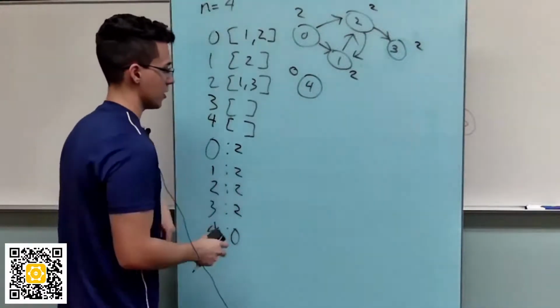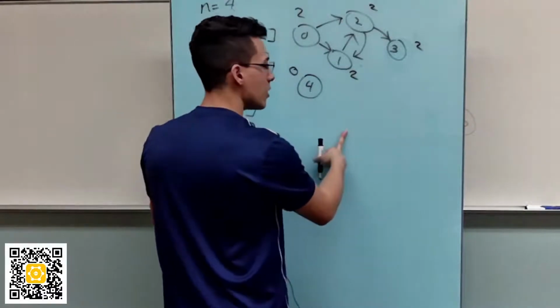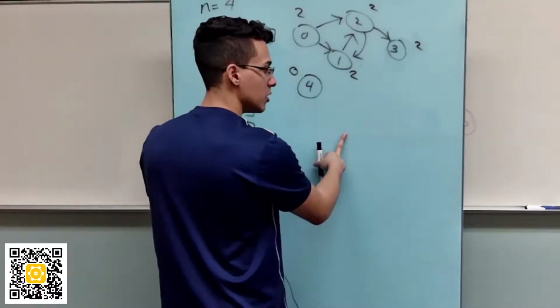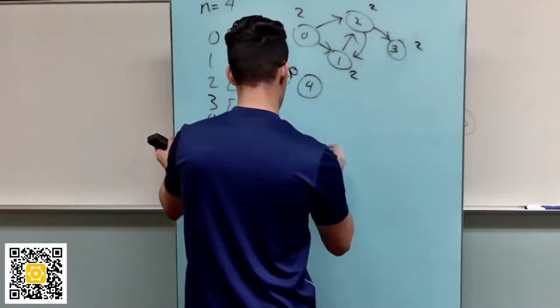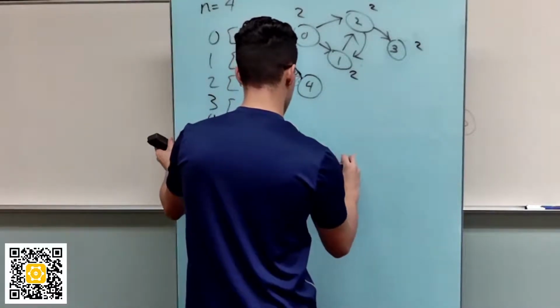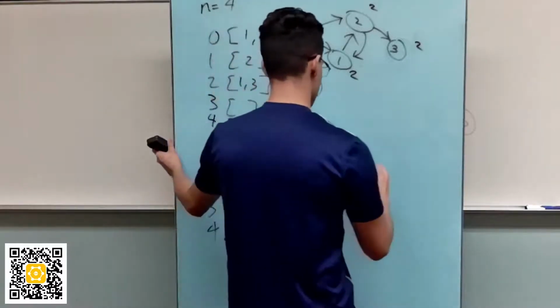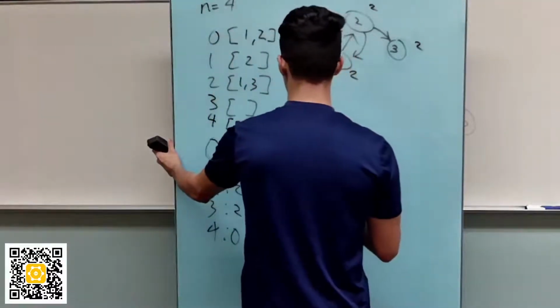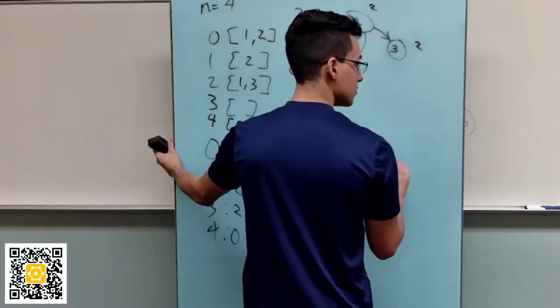I'm going to leave that there. How do they give you the input? It's like a 2D, right? So def solve, I don't know the name of it. N, and they only give you rooms.